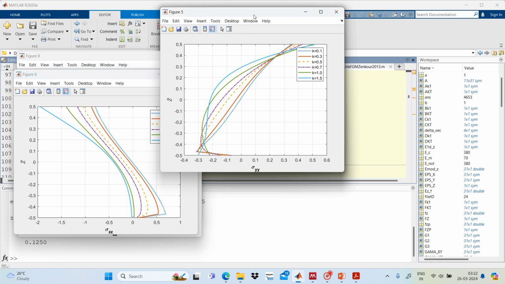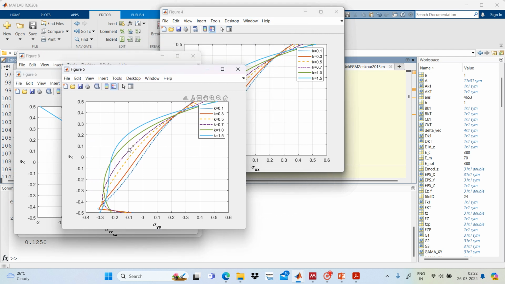then it is sigma yy. Okay, we can see that this dotted line is k equals to 0 means for the ceramic part, which is having the least stress. Okay, and other than that, as k is increasing, k equals to 0.3, then after this it is having the second least, then k equals to 0.5, that's the yellow dashed line.